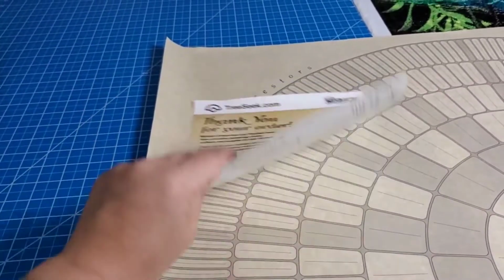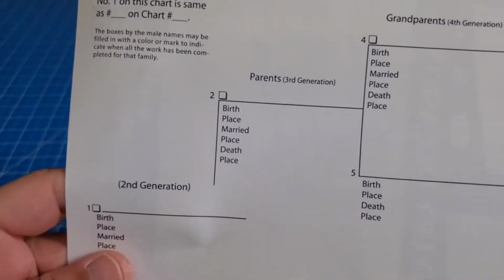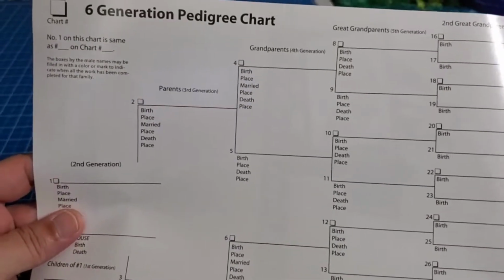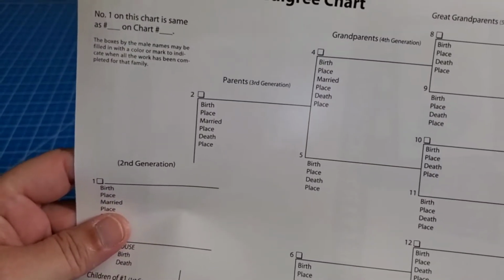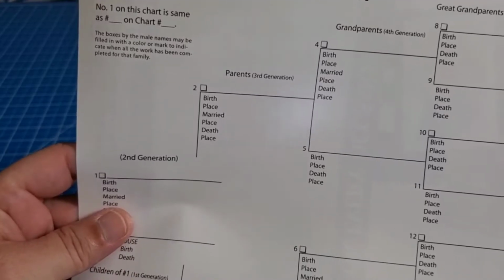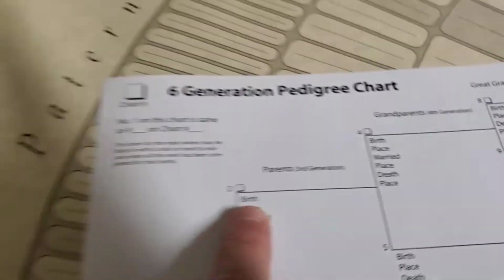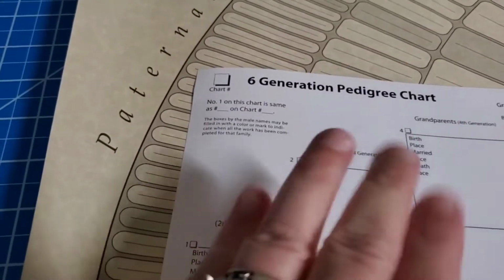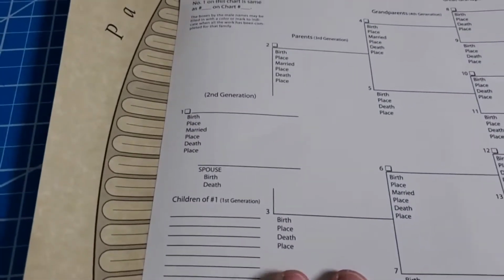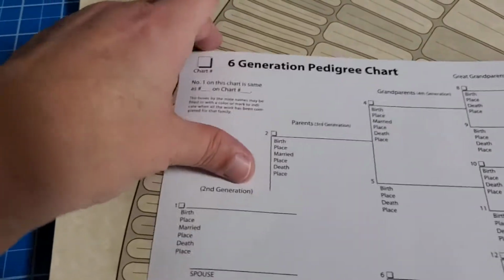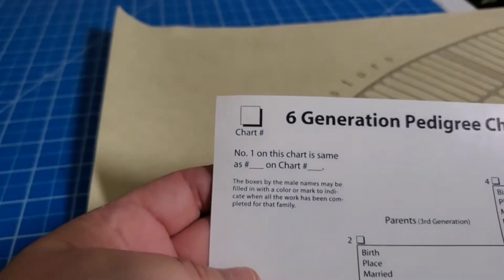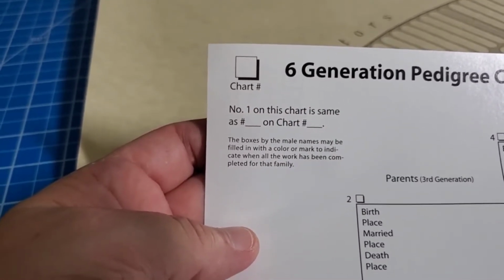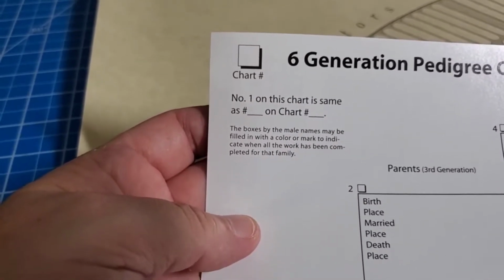All right, so now I have an idea of what I want to record. I can still use this. Maybe that's what they want. They want the birth date and place, married date, married place. Okay, that makes sense. So this one's perfectly fine. I was reading this little part up here, though. This was confusing. Number 1 on this chart is the same as number blank on chart blank.